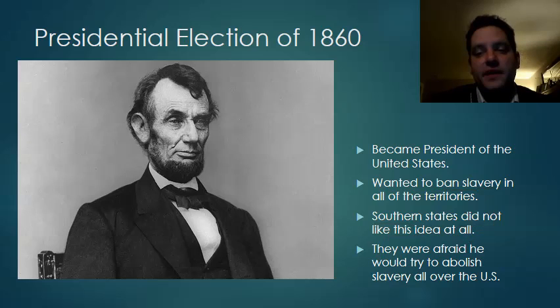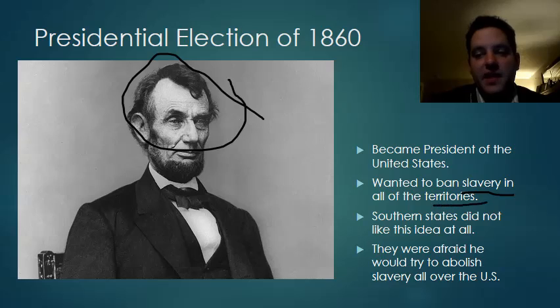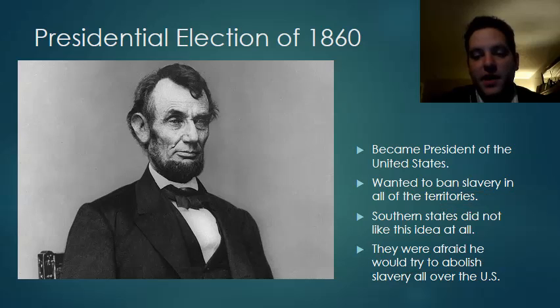So the southern states did not like this at all. And he also, well, the South, again, those are the states that have slavery. They thought that since this guy didn't want slavery in the territories, that he would try to abolish, get rid of it, all over the U.S. That includes the South.